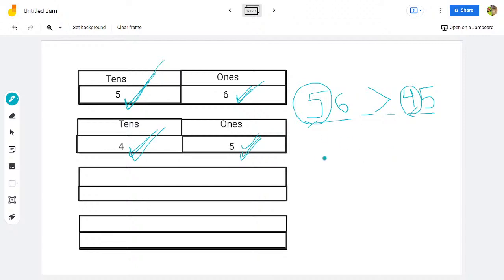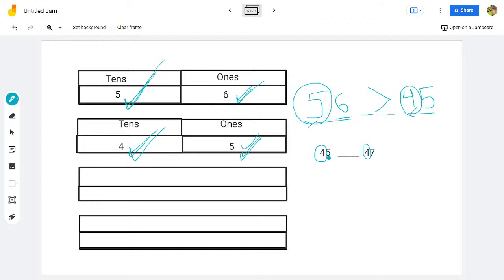Now in another case we look at the ones column also. When do we look at the ones column? जब हमारे tens column same हो. Let's say we have a number 45 and there's another number 47 and we have to compare these two numbers. Now in this case, can you see the tens column, that is 4, is the same for both the numbers. 4 same है दोनों numbers में.